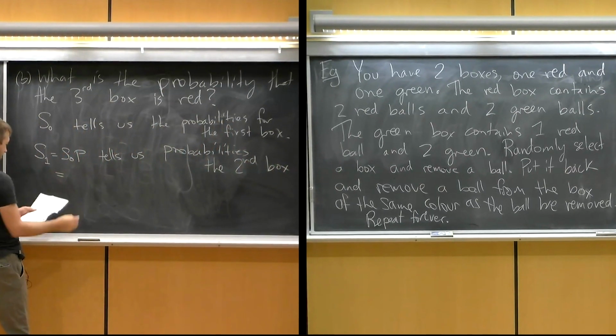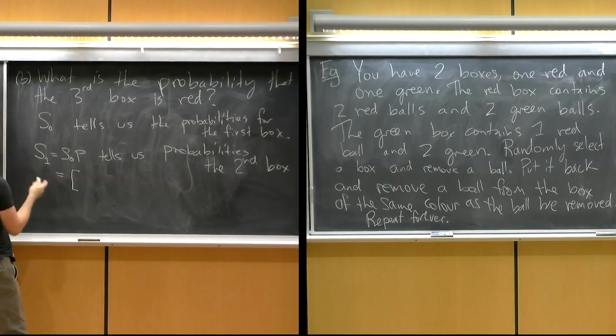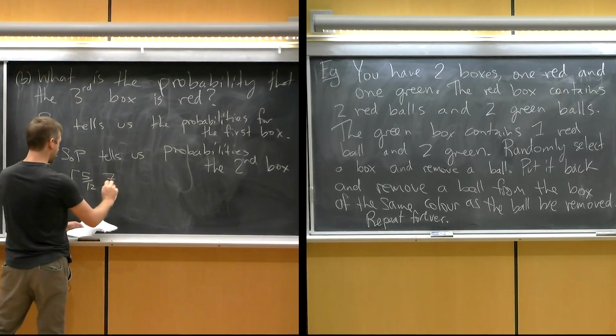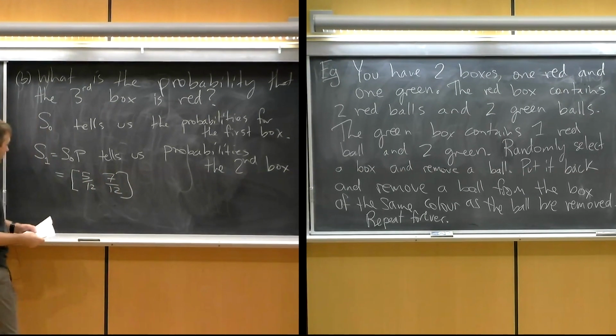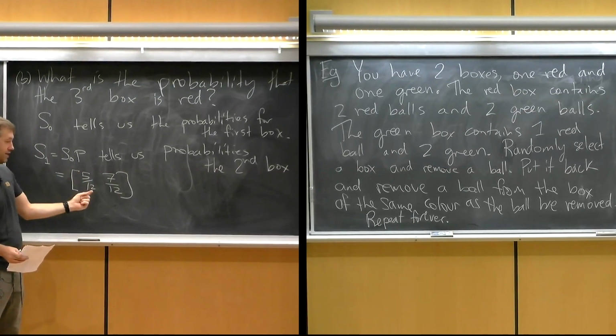If you actually compute this, maybe I won't do the matrix multiplication, but we've done a lot of that. I'm sure you can do it. S1 is 5/12 and 7/12. So that means for the second box, the probability of being red is 5/12.